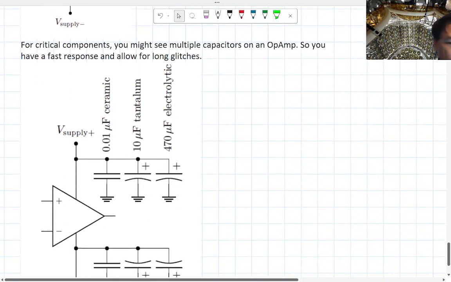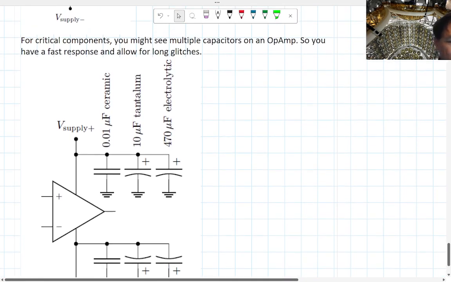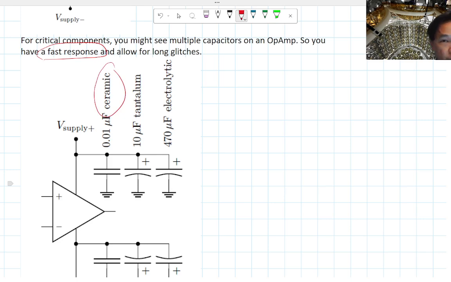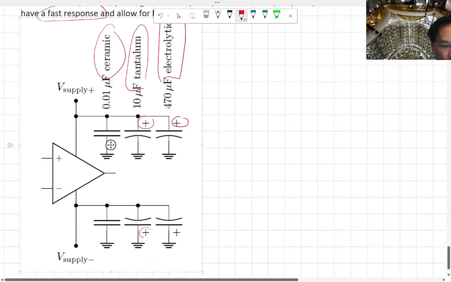For critical components, what people actually do is they have a fast ceramic type of capacitor, which is what we tend to use in our class, and then they put a tantalum, which is a medium capacity capacitor, and then for a large capacitor they put an electrolytic one. These are of course polarized, so you have to orient them in the correct direction.